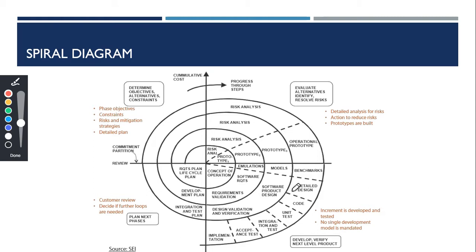It's important to notice that the spiral model does not mandate any specific development model. Dito kasi, ikaw ang pipili kung anong development model. Malaya ka kung anong development model yung pipiliin mo. Any model can be used based on the problem at hand. It could be waterfall, prototyping, agile, or any other method.